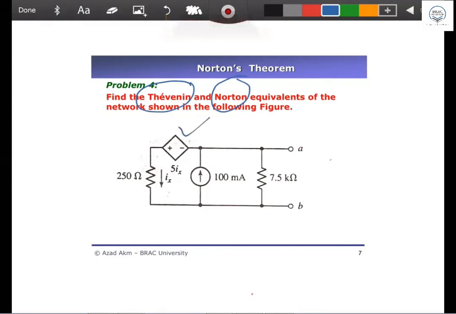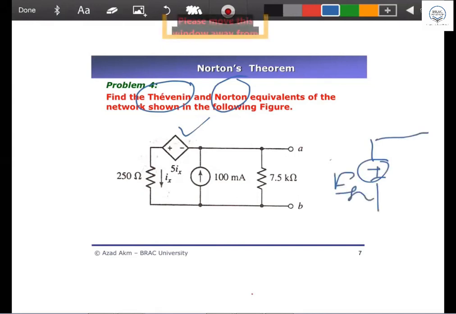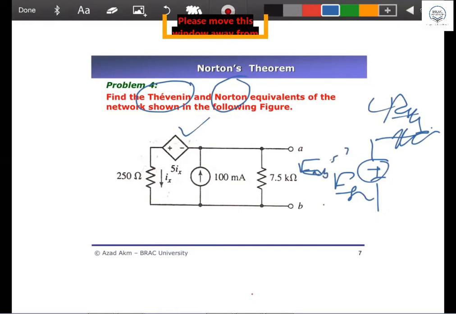So you first find the Thevenin equivalent, E Thevenin and R Thevenin. First find VAB, or E Thevenin, and then find R Thevenin. After finding E Thevenin and R Thevenin, you know how to do it. Now I don't need to tell you again.